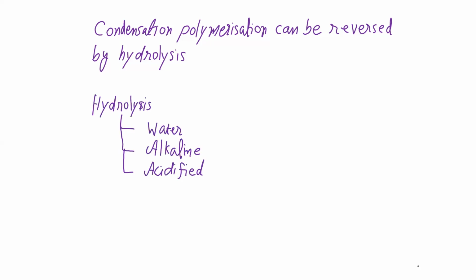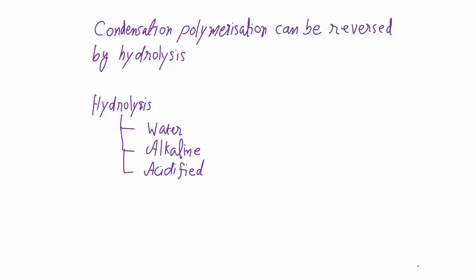What are the options for hydrolysis? We can use pure water, we can use an alkaline medium, and we can also use an acidified medium. Hydrolysis can be done by three possible routes: by water, by alkaline solution, and by acidified medium.